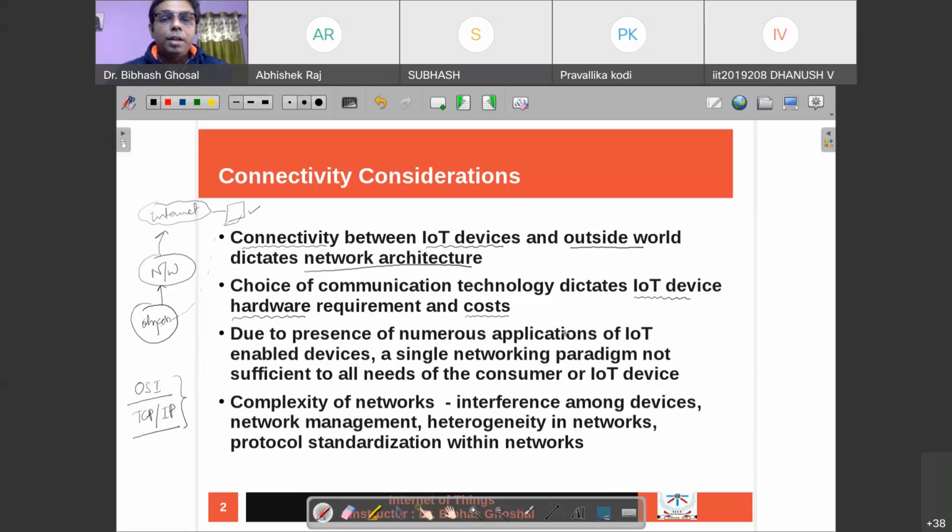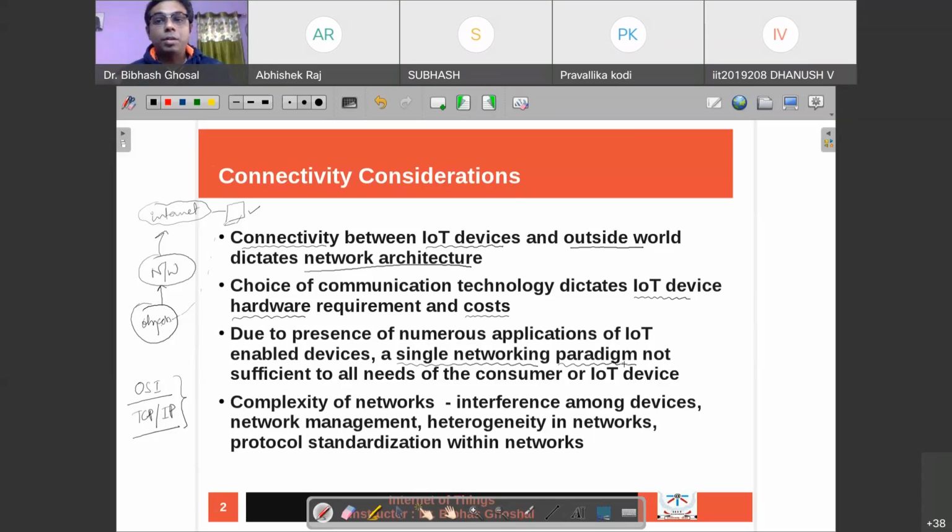Then there are a number of applications of IoT enabled devices, right? So a single networking paradigm may not be suitable because you may have multiple applications, right? So for that, you require many kind of services. So one single networking technique may not solve all your problems. So you have to use different kinds of network.